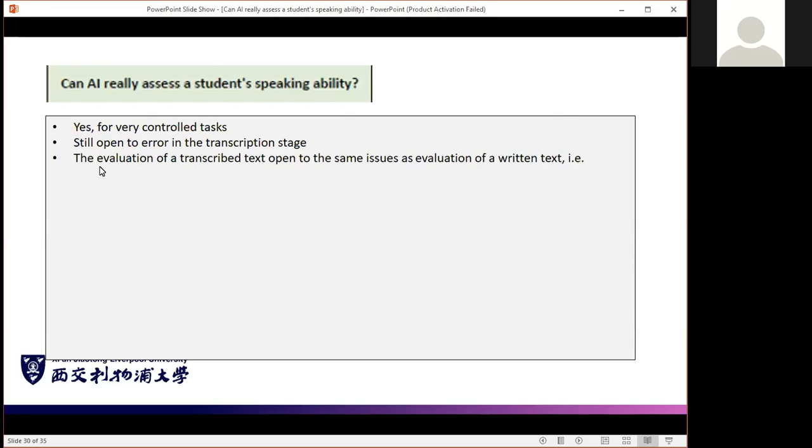The evaluation of a transcribed text is open to the same issues as evaluation of a written text. So basically the speech recognition software is just the first part, and that's very clever, and it changes it to text. But then you've got the problem of how do you mark the language use in a text?